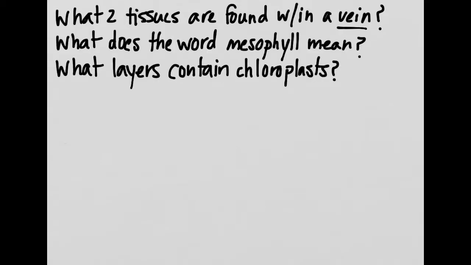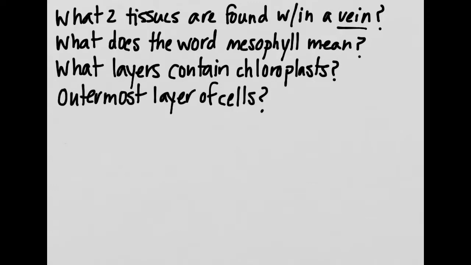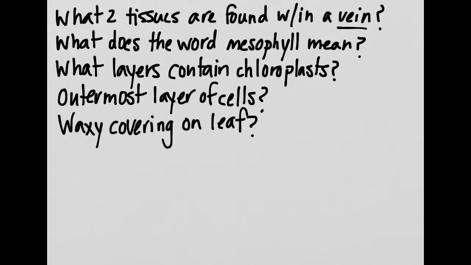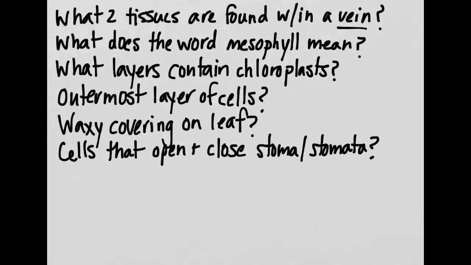You should also know where chloroplasts are located. Know what is the outermost layer of cells. And know that that is different from the waxy covering that we have on a leaf. So know what the name of that is as well. Also know what are the names of the cells that function to open and close the stomata. Singular is stoma, if you have more than one, stomata.